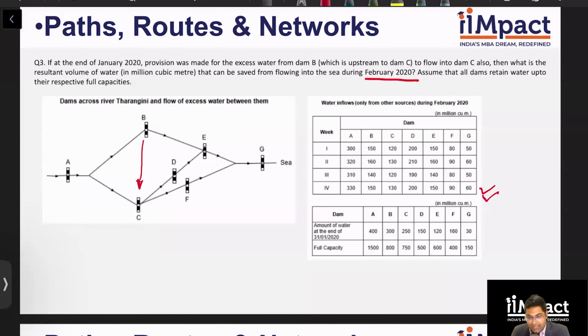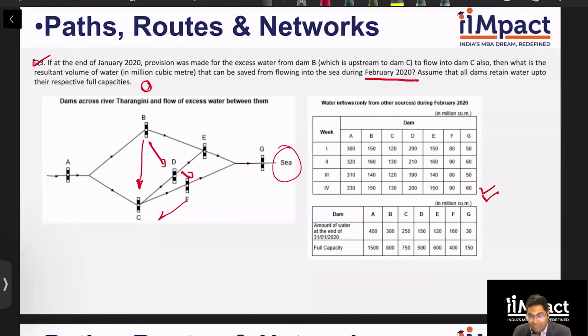Which means that it doesn't matter if you route the water from here to here or here to here, doesn't matter. If the final outlet is C, it will remain the same. So the change in this will be 0.